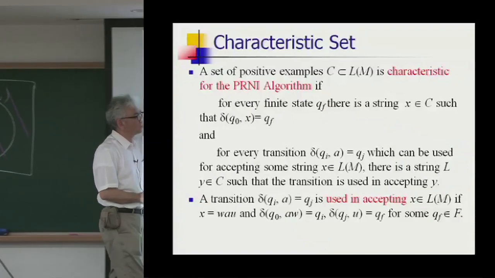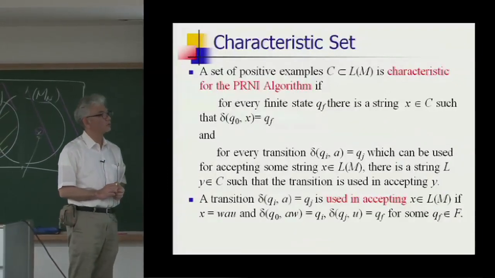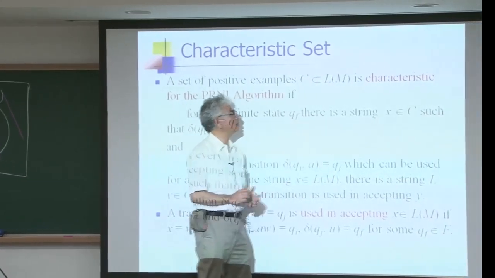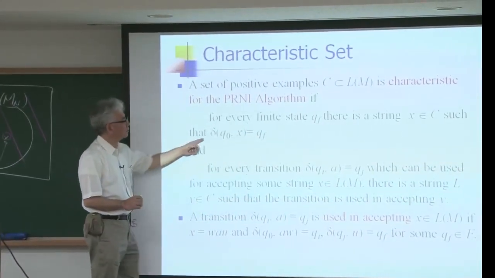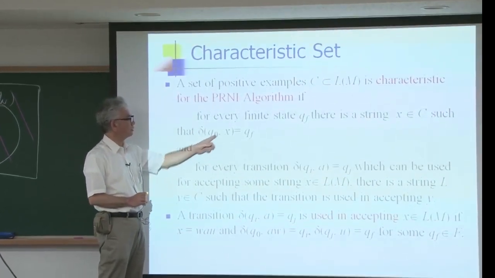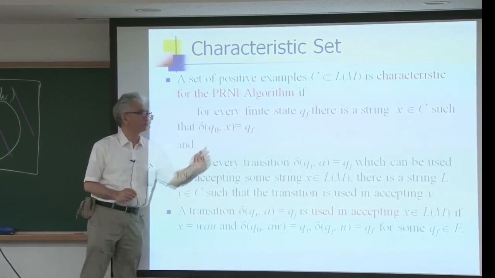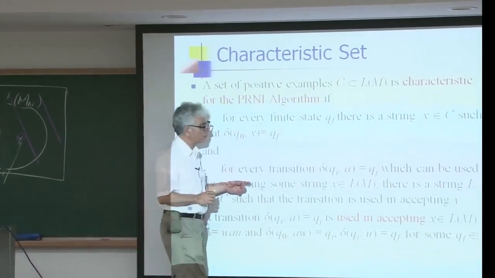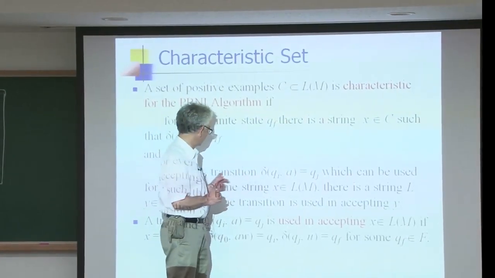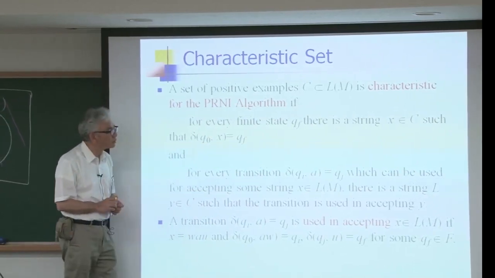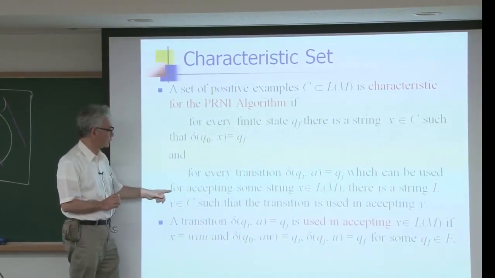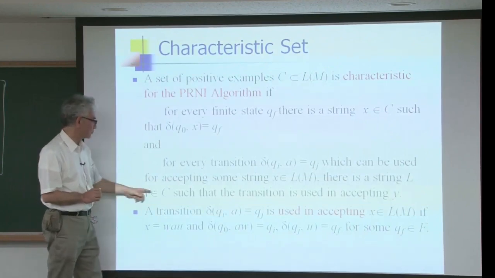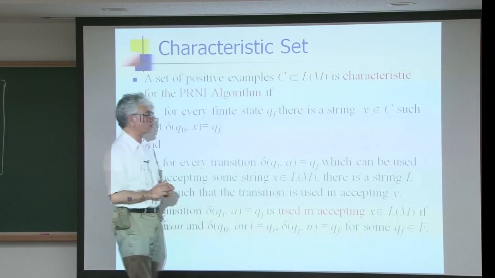A set of positive examples is characteristic for the pruning algorithm if for every final state QF there is a string X such that the X should be reached to the final state, and for every transition delta of A, which can be used for accepting some string X, there is a string Y such that the transition is used in accepting Y.